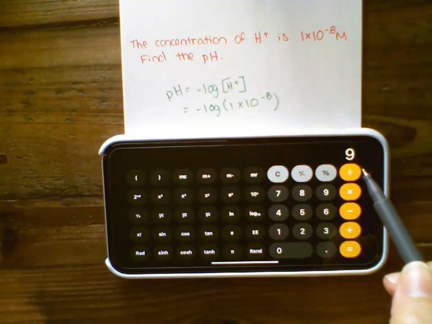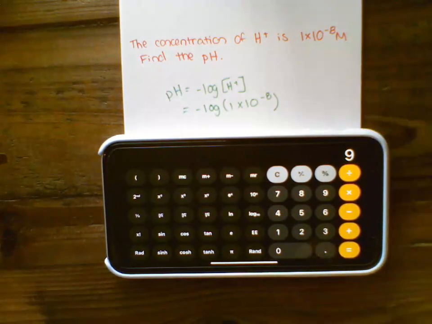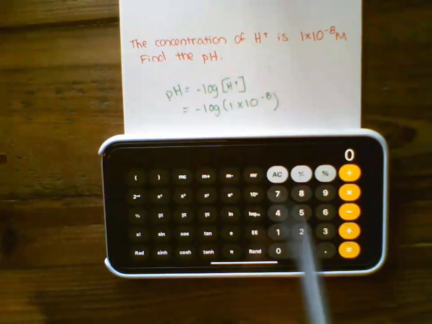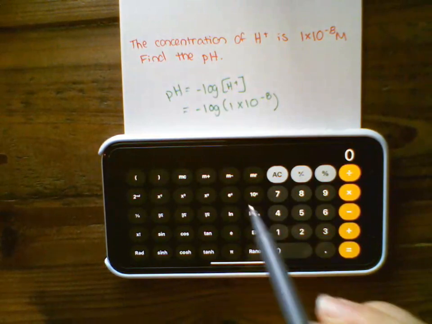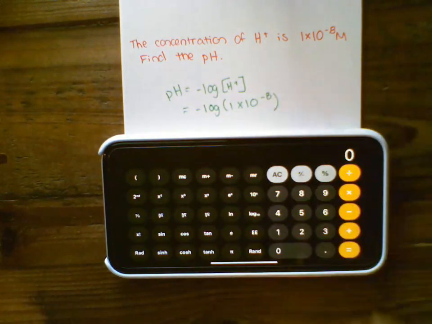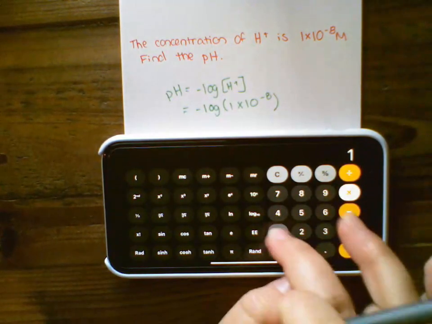This is the answer, by the way. The answer is 9. So let's talk through how that happens. So first thing we had to do, on our phone calculator, it's a little bit more complicated. It still works though. So we had to put this number in first. So this was 1 times 10.